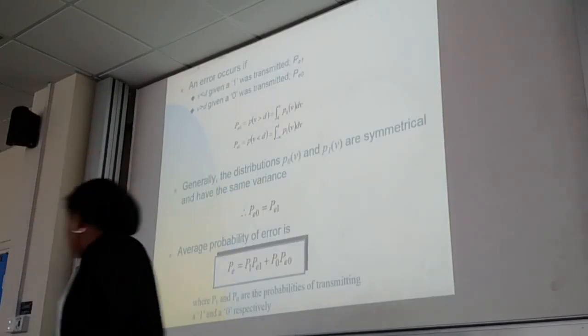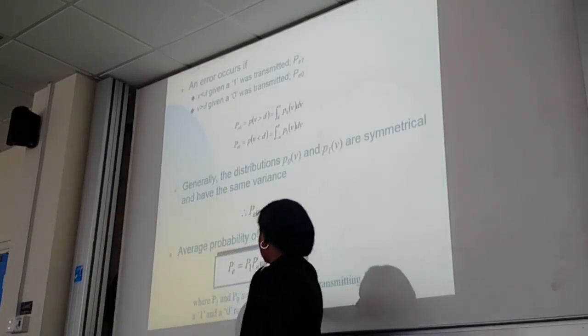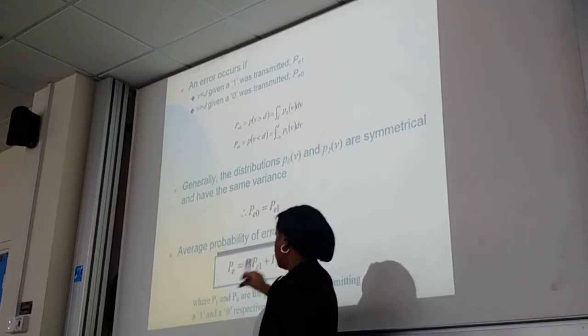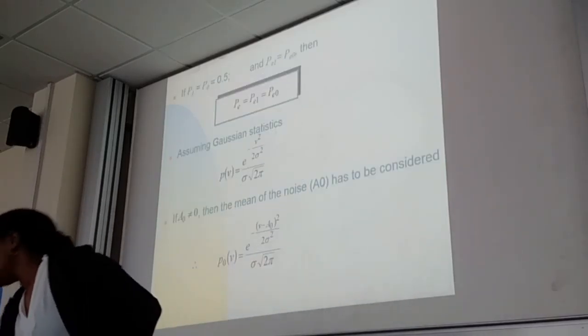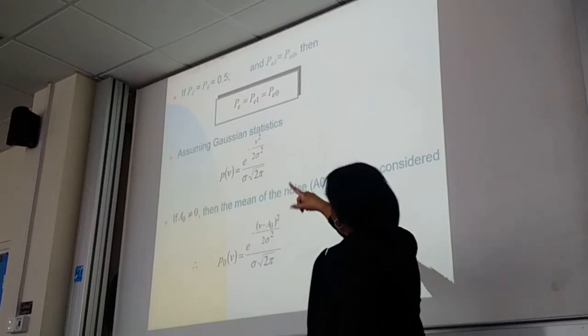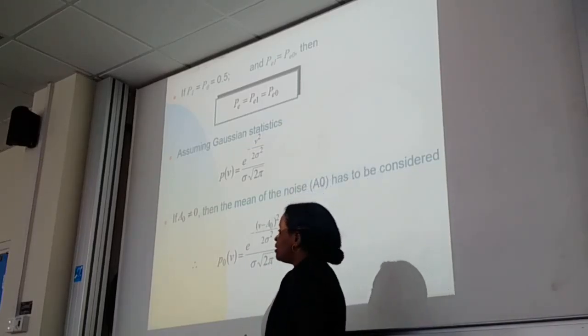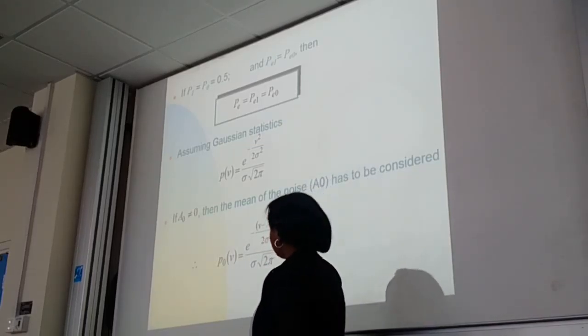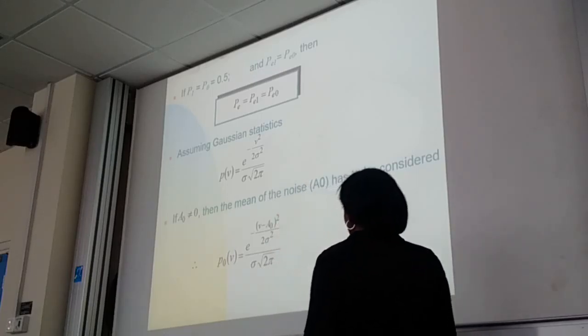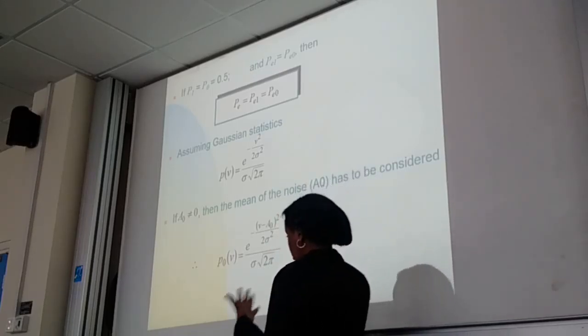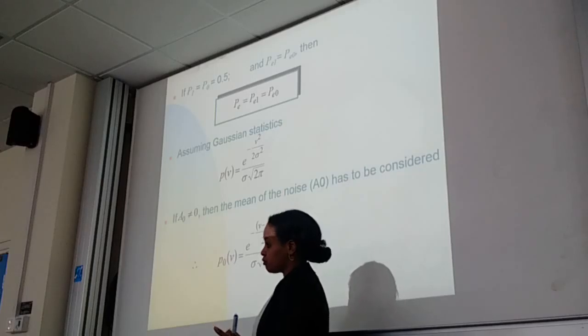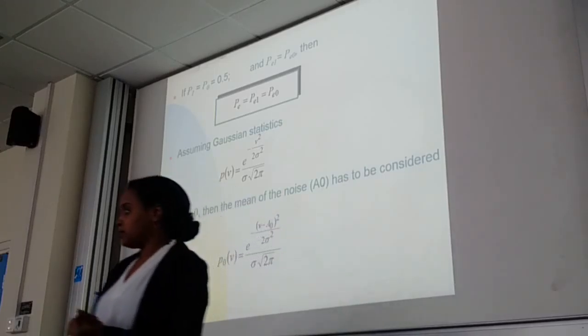So, given that this is 0.5 and this is 0.5, then the probability of error in the system is equal to the probability of error 1 or also equal to the probability of error 0. You can see that.